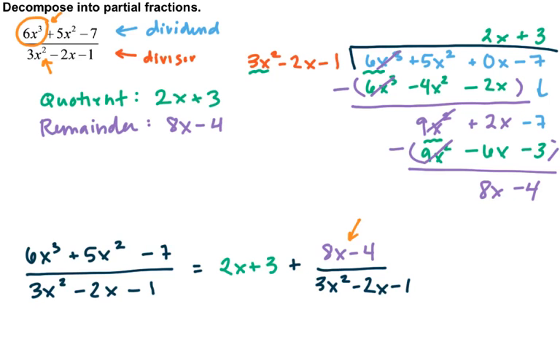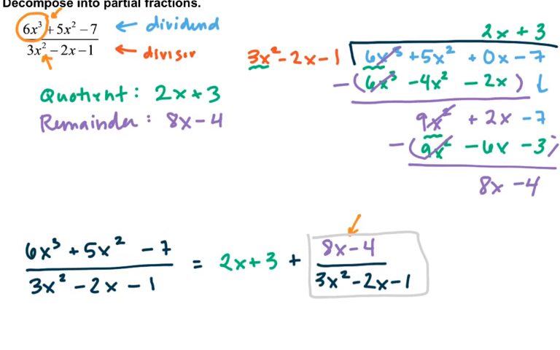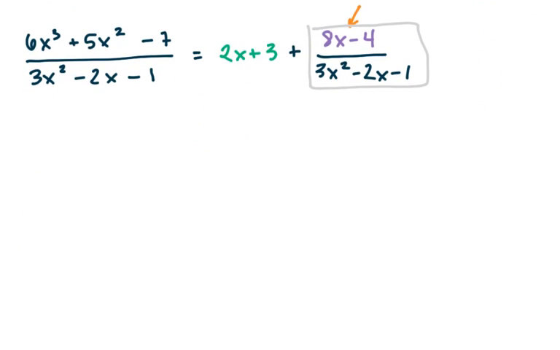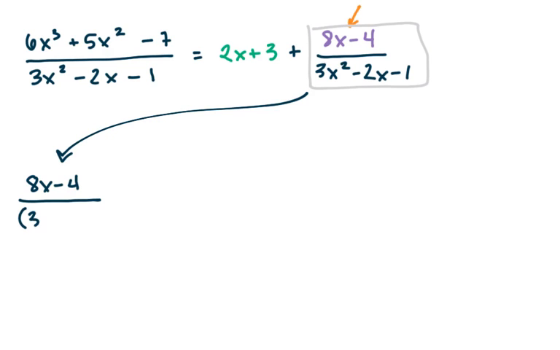And so at this point, what I'm going to do is I'm going to do my partial fraction decomposition for just this piece at the end. So I'm going to take just that, the 8x minus 4. I'm going to factor that denominator. 3x squared minus 2x minus 1 is quadratic, but I can factor it into a product of linear factors, which would be 3x plus 1, x minus 1.